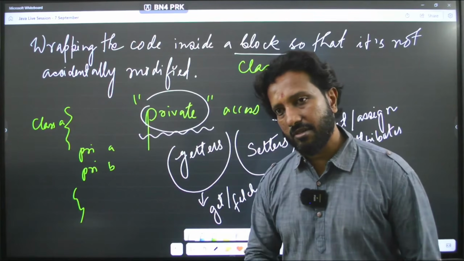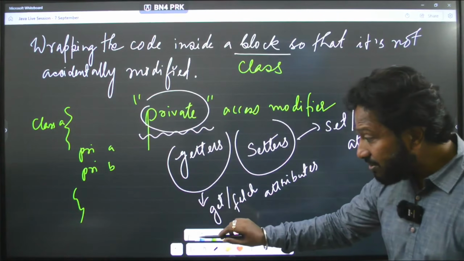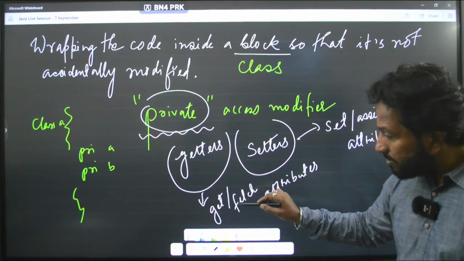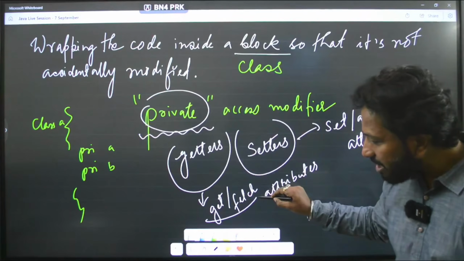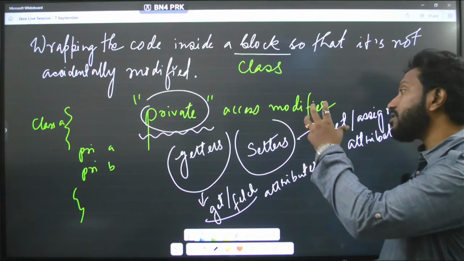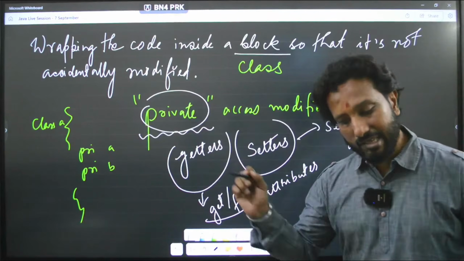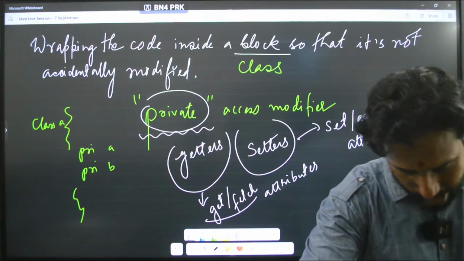Please remember this. Because you are getting something, you have to first set them. So first we will set some attributes, then we have to fetch the attributes. Let us see how to do it, then only you will understand this.